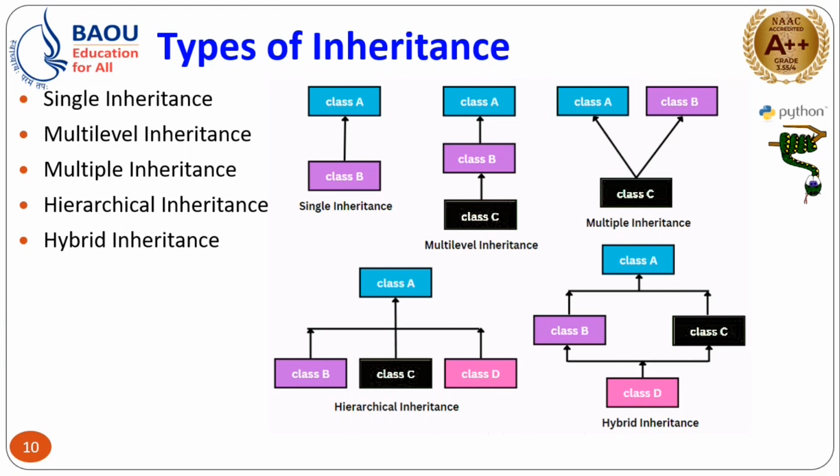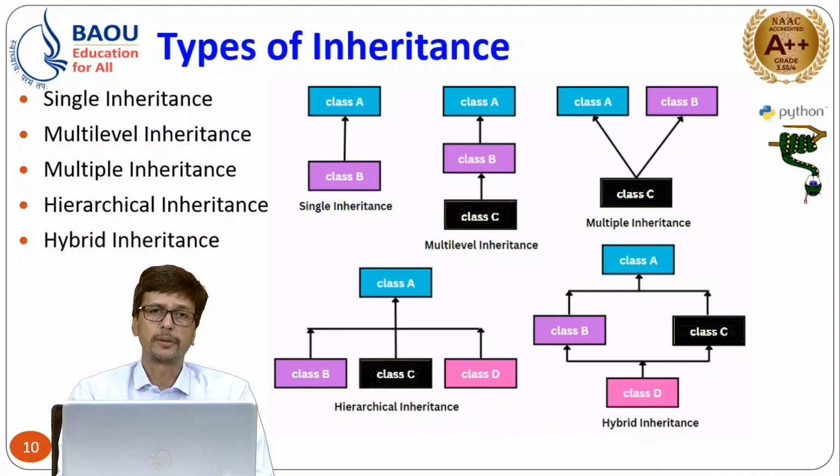Then class C derives all the features from class B. So here you can also say that B is the child class of A and C is the child class of B. Suppose you want to relate class A and C, then you can say that class A is the grandparent of C, or class C is the grandchild of class A. So this way you can implement the concept of multi-level inheritance.